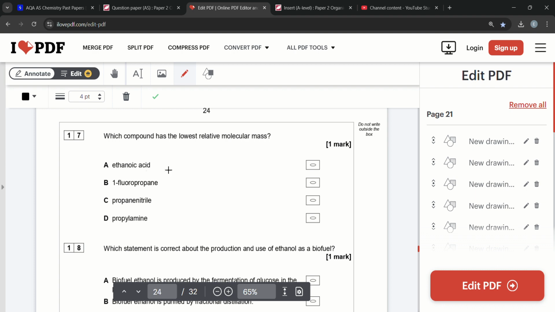Which compound has the lowest relative molecular mass? Carboxylic acid, methane, ethane. Fluoropropane, methane, ethane, propane, fluoro on the first carbon.